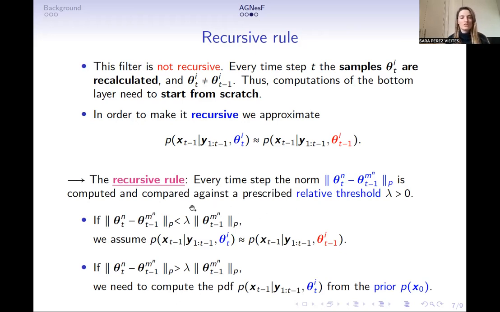If we are below this threshold, we are going to take the approximation. If we are not, then we assume that this approximation would introduce too much error in our estimate, so we start our bottom layer filter from scratch, starting with the prior of the state.